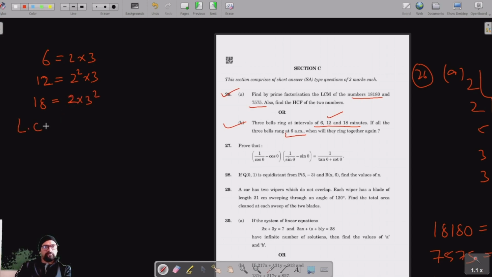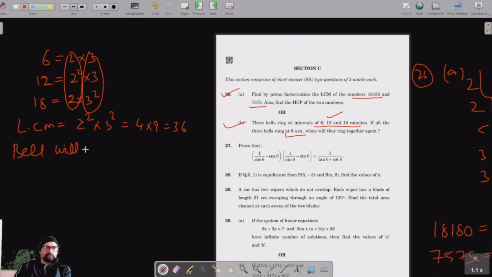Now the LCM here is, among these, 2 square, and among these, 3 square. So it's 4 into 9, which is equal to 36. So these 3 bells will ring together after 36 minutes.